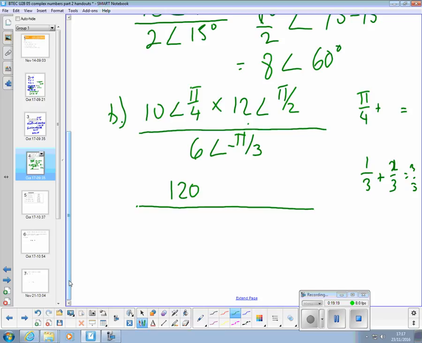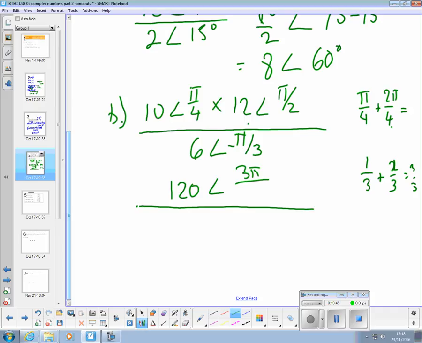So we call that one 2 pi over 4. So what is the final answer? Pi plus 2 pi is 3 pi. No, you don't add them together.